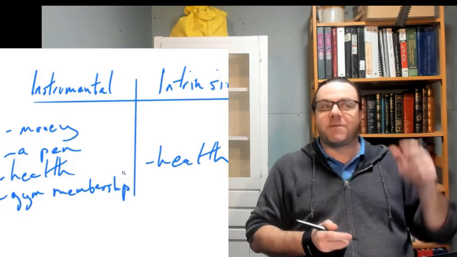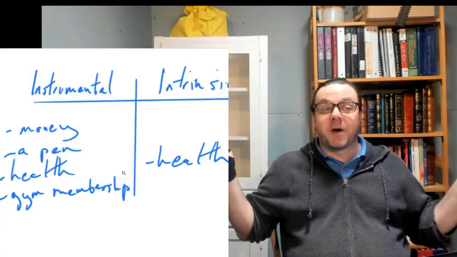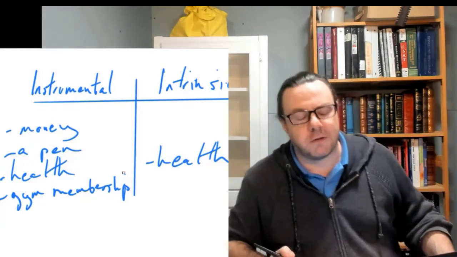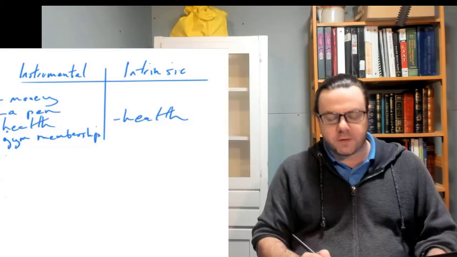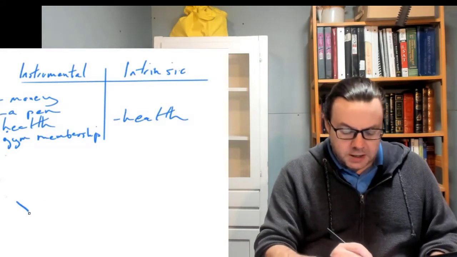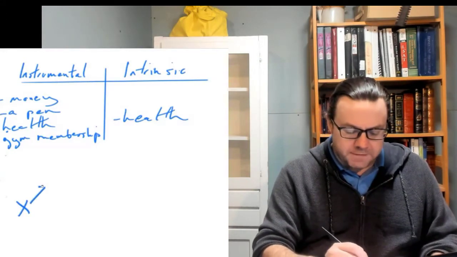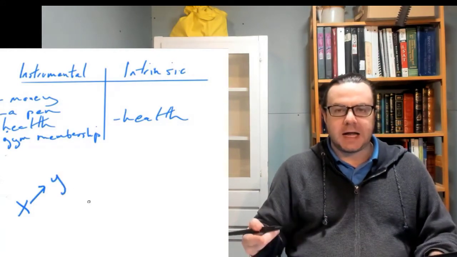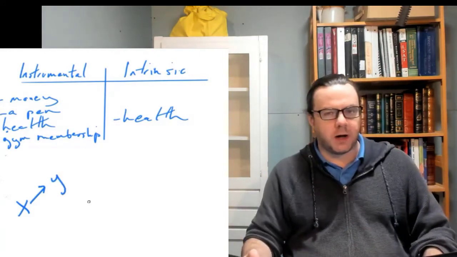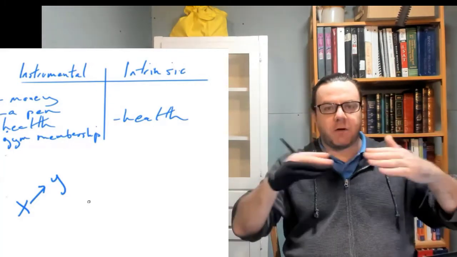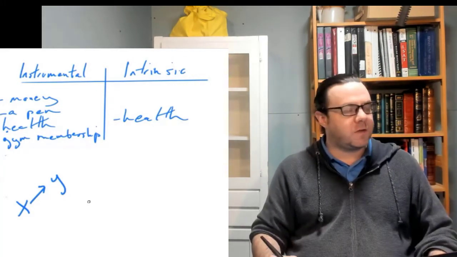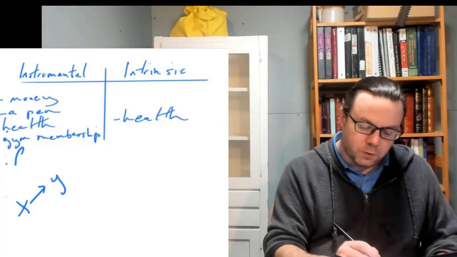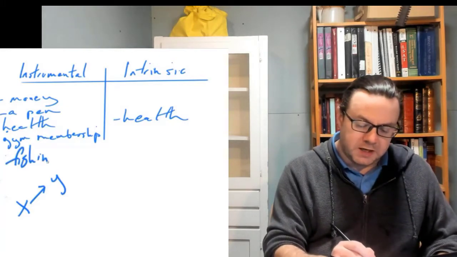Which is why some of us just don't bother having one, because if you're not going to actually go and do it, right? And so Aristotle seems to have this ranking where, if the point of X is to get you Y, then Y is the thing you really want, and so it's higher on the scale of things. In Aristotle's sense, a fishing pole would be an instrumental good.